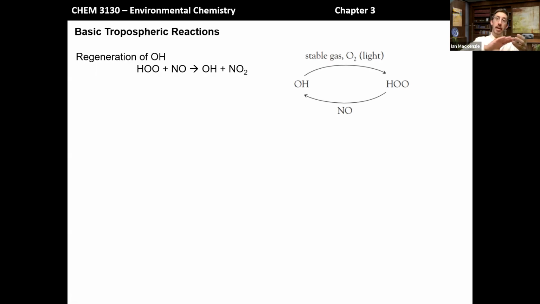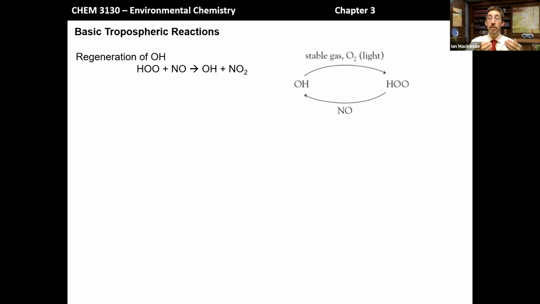And then subsequently O2 reacts with that product to form, generally with hydrogen atom abstraction, the hydroperoxy radical. And then that hydroperoxy radical is turned back over to the hydroxyl radical by nitric oxide. And that regenerates the hydroxyl radical to undergo this continual oxidation process.